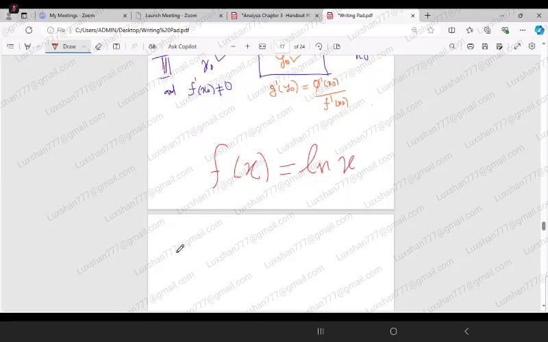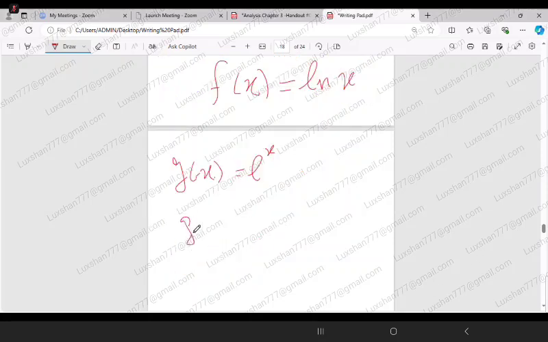I have calculated g(x) equal to e to the power x, which is a well-known function that is differentiable everywhere. Also, we have found g circle f is equal to x. We have already proved, or we have the result, that these are very popular functions, and we know these two functions are differentiable on R.